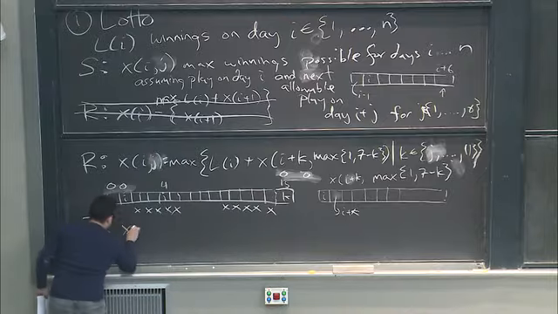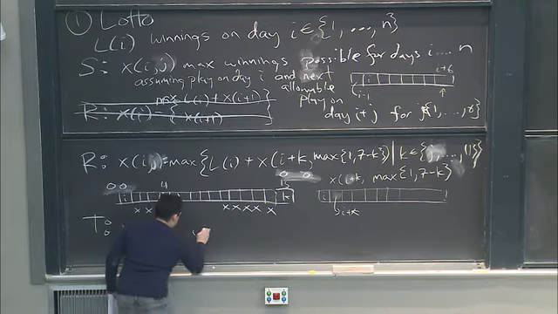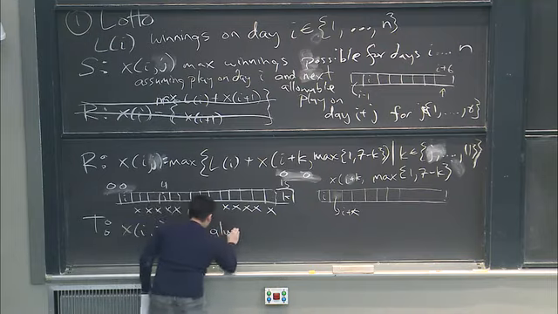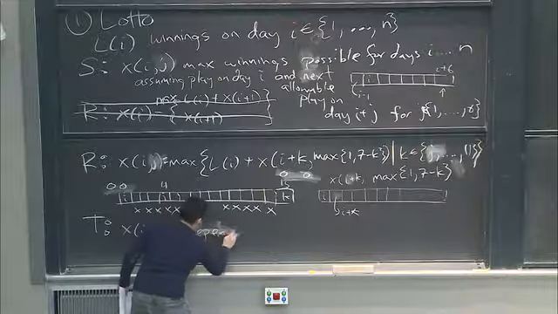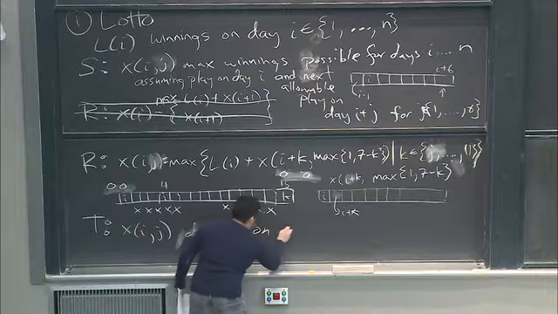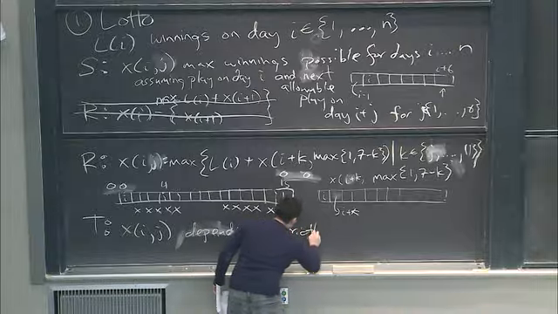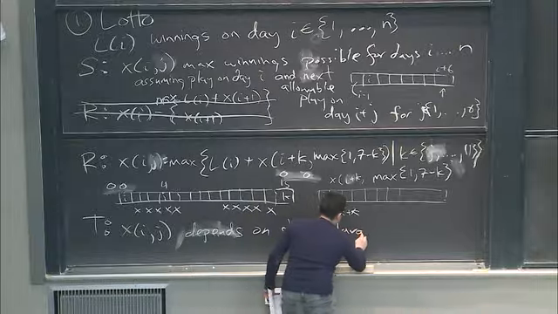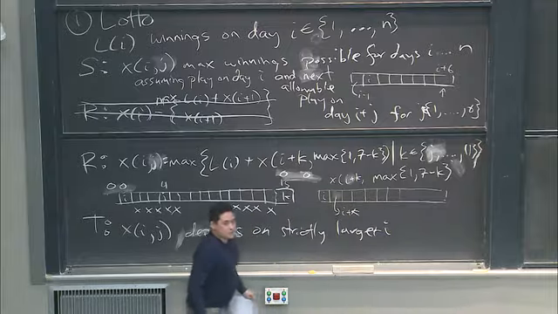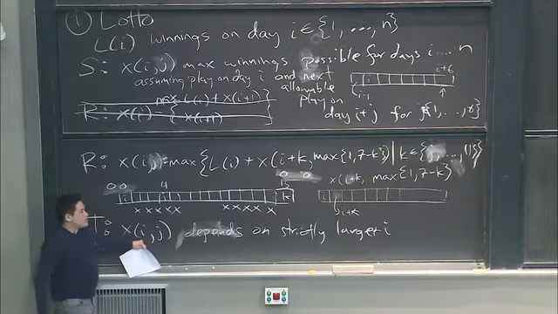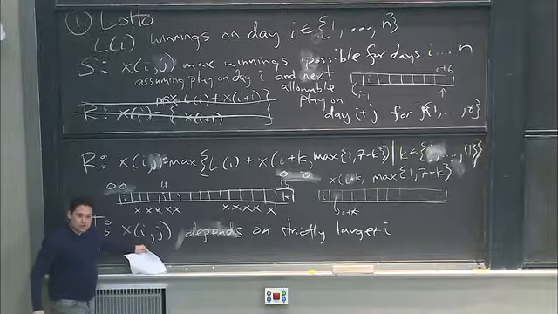So for x of i, j, I always depends on strictly larger i, right? So this i, when I call subproblems, it always calls subproblems with a larger i.